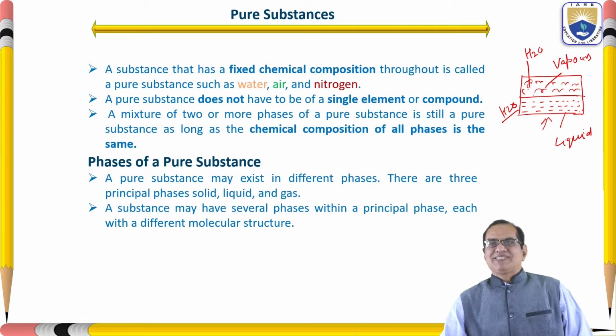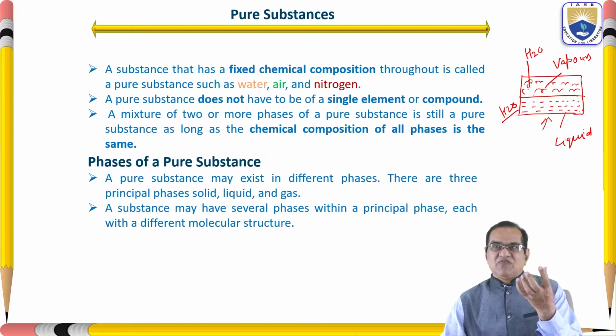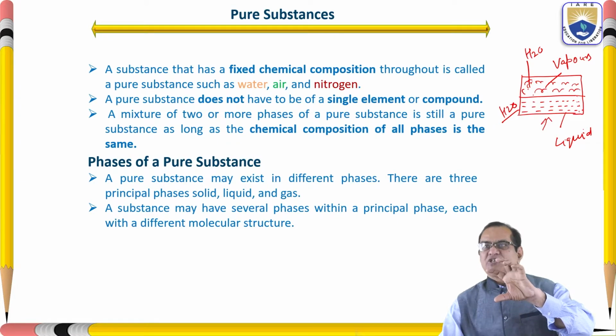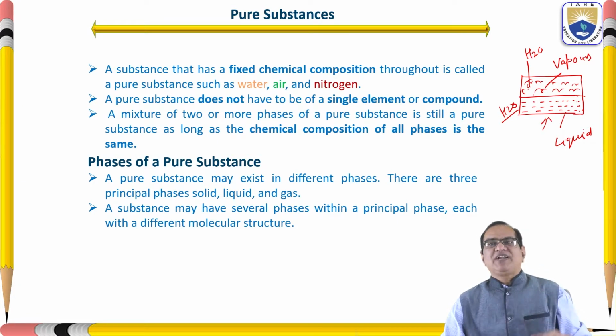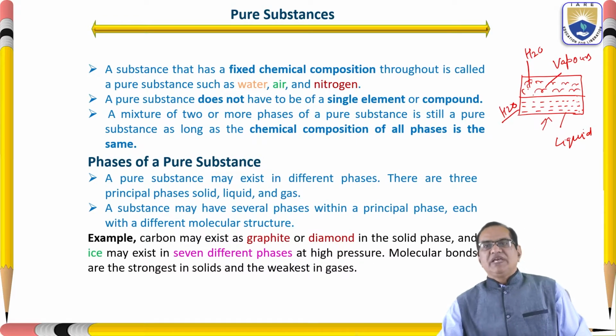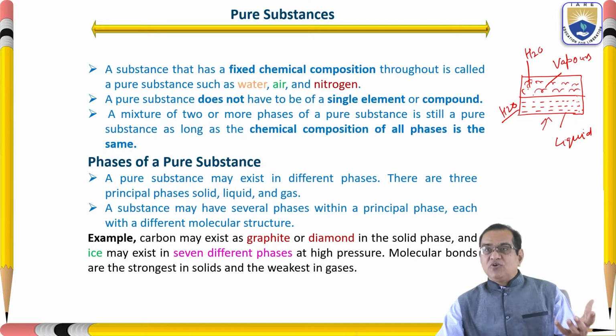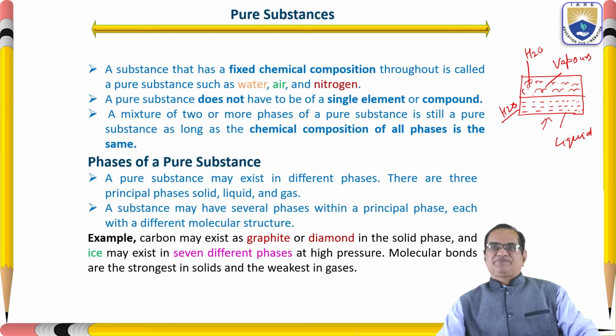A substance may have several phases within a principal phase, each with a different molecular structure. For example, carbon may exist as graphite, which is soft, and also as diamond in the solid phase, and ice may exist in seven different phases at high pressure.